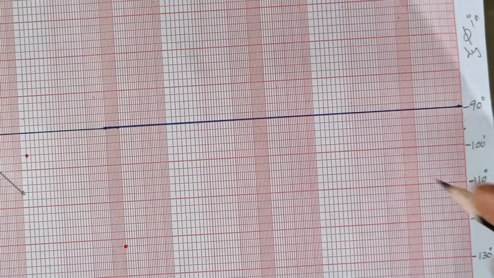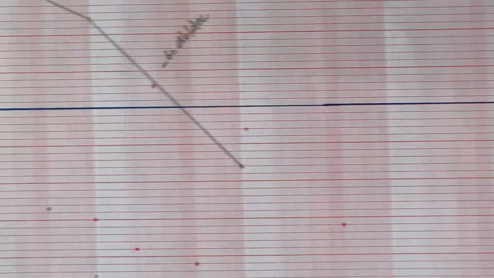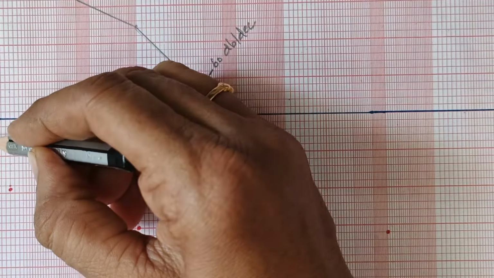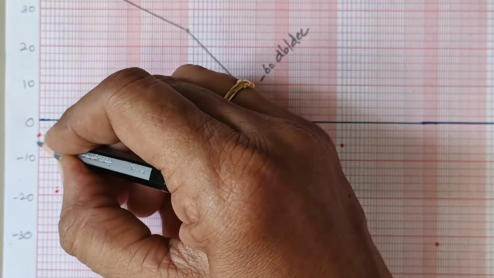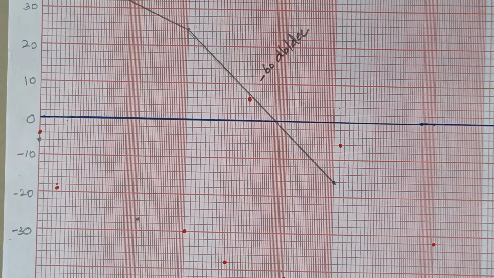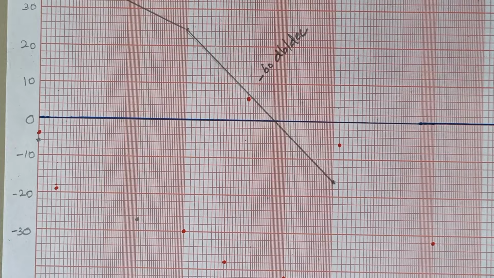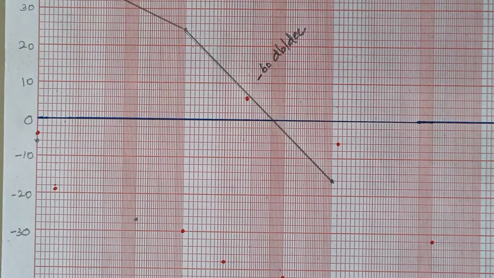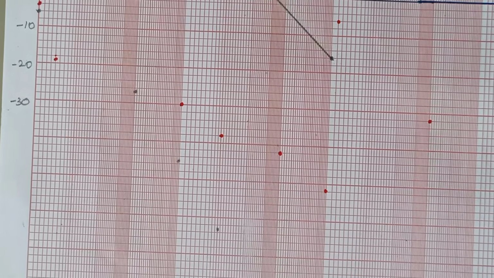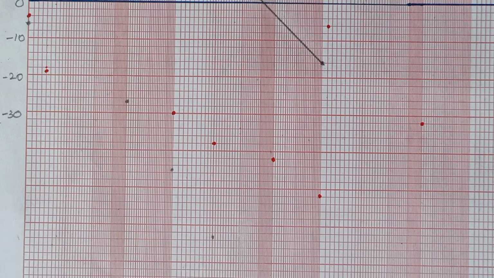To this line, just with the help of a scale, or by counting from the 0 dB line, you can mark this. So this is our first point in our phase plot, 0.1 with an angle of minus 96. Likewise you plot the remaining points. Again I have marked those points using a pencil. I hope it is clear.